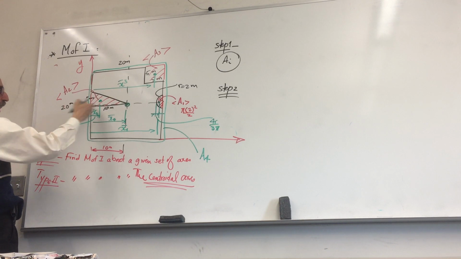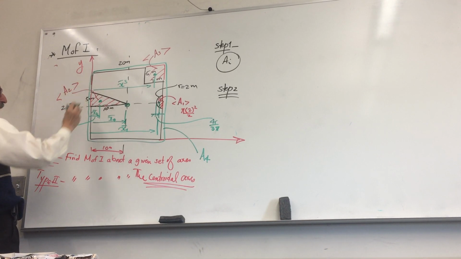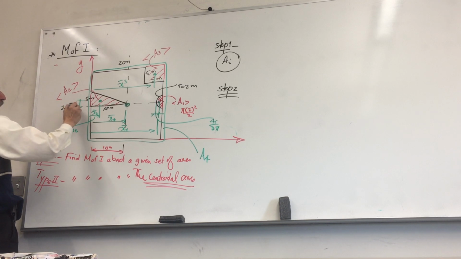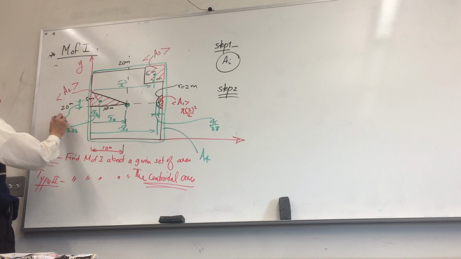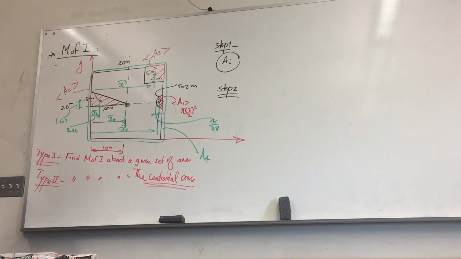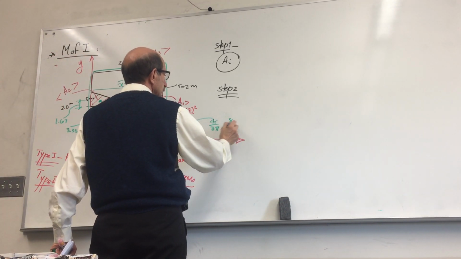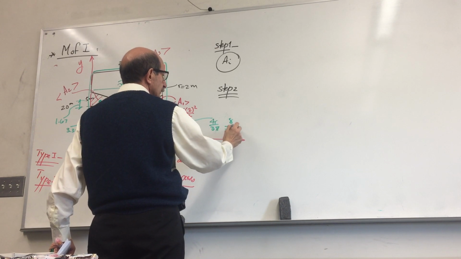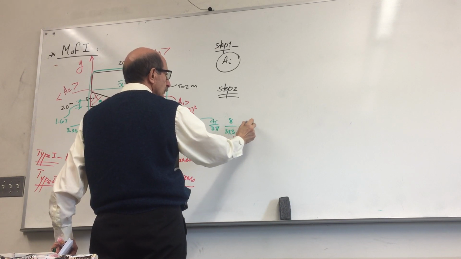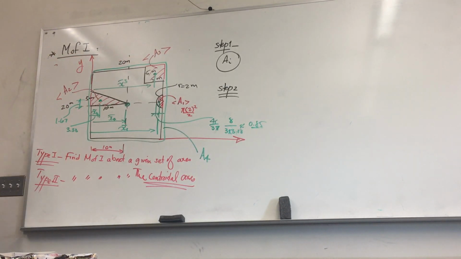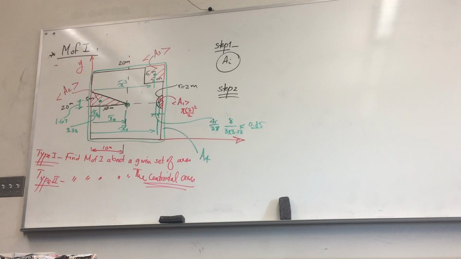This is like 1/3 of the distance from here, 1/3 here. So this is 3.33. This is 1.67. And this is roughly 8 divided by 3 times 3.13, roughly about 0.85. Okay, so that's how I come up with those numbers.